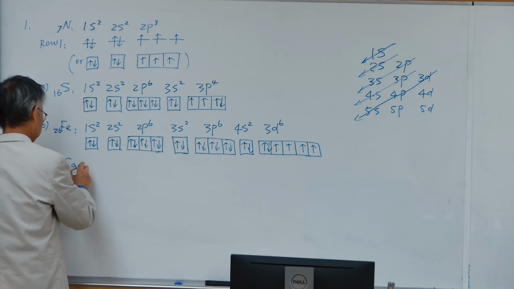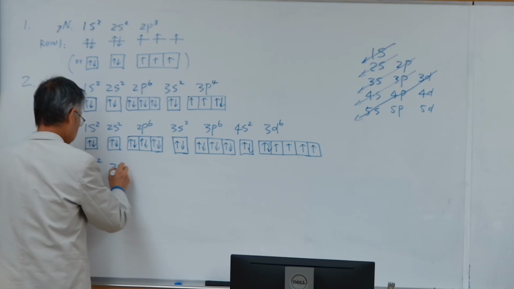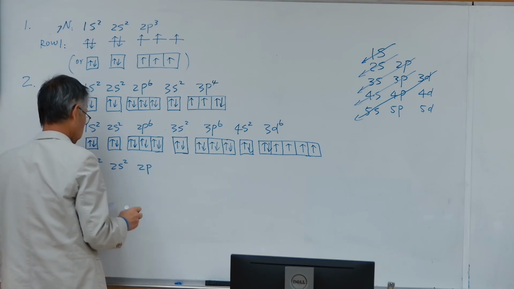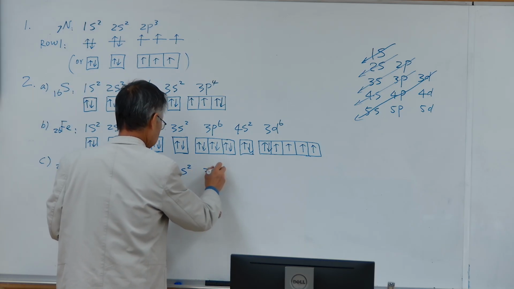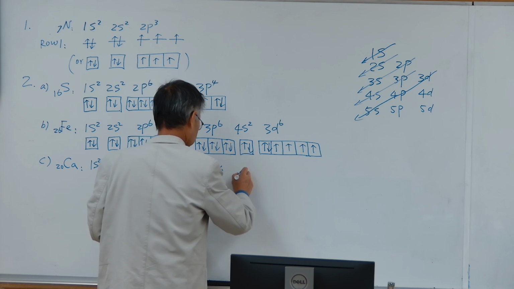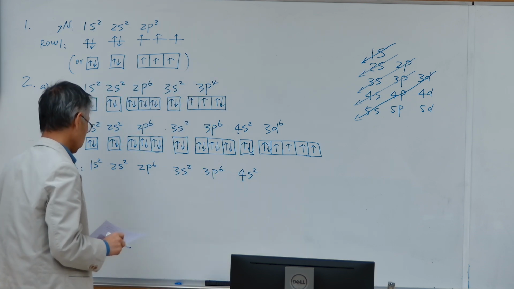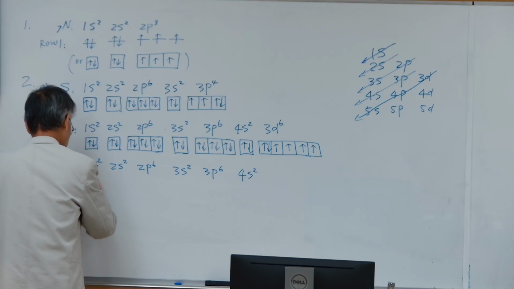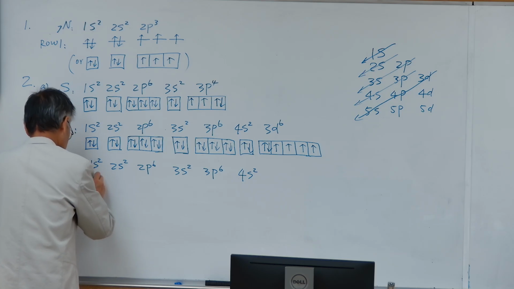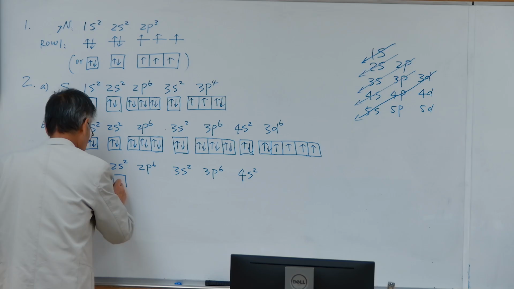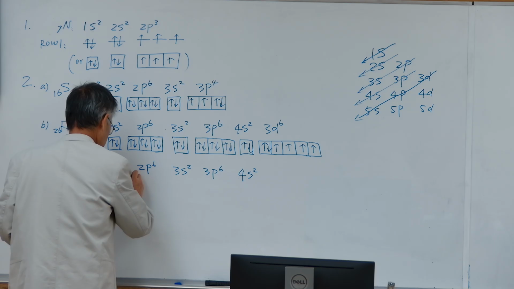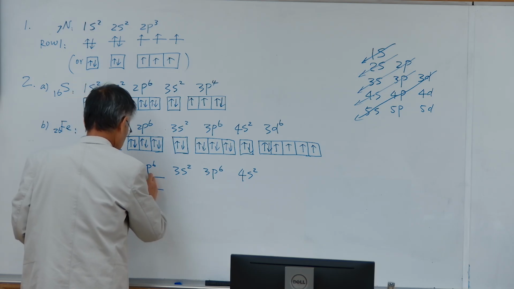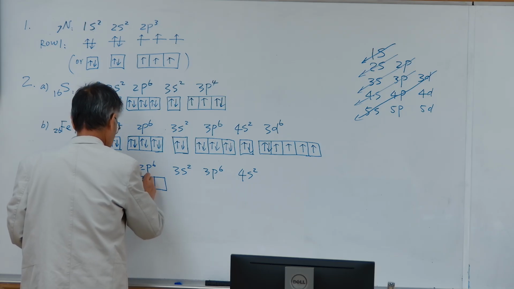Then C is calcium. 20 electrons. So we can write the electron configuration 1s2, 2s2, 2p6, 3s2, 3p6, then 4s2. Total 20 electrons. Then orbital diagram. 1s is 1 orbital, 2s also 1 orbital, 2 electrons. 2p, 3 orbitals, 6 electrons.